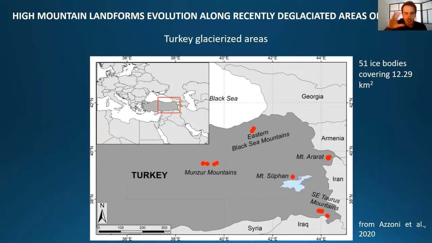The other three glaciated sites of Turkey are the Munzur Mountains, the Eastern Black Sea Mountains, and the Mount Süphan, where only glaciers or snowfields are present today. I will show you two peculiar glaciated areas of Turkey, in particular Mount Ararat and the Taurus Mountains.